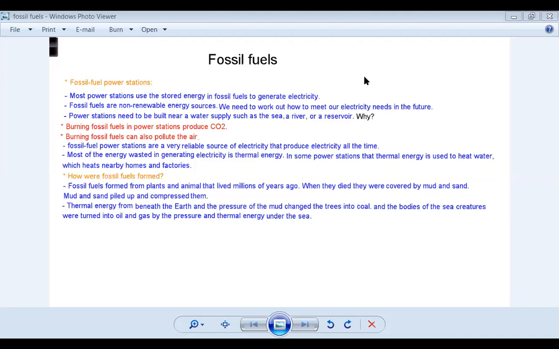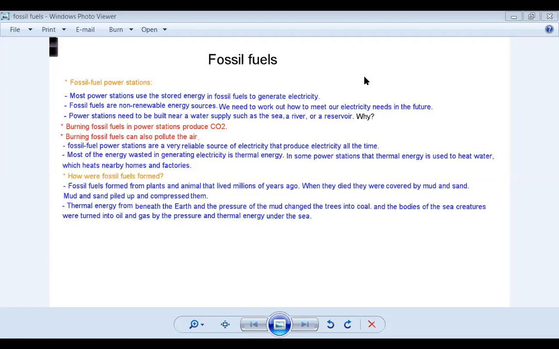Most of the energy wasted in generating electricity is thermal energy. So this is another problem. We have useful energy such as electricity. Most of the energy is wasted as thermal energy because we have the boilers and the steam.